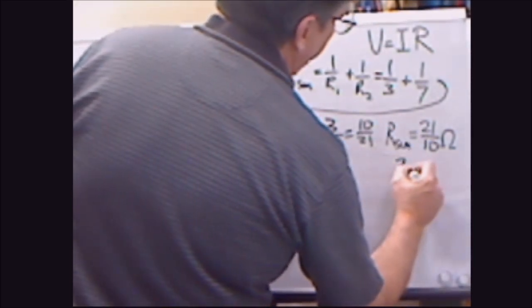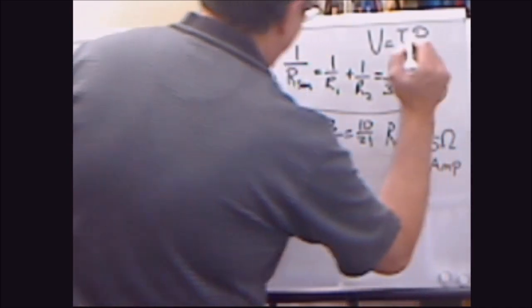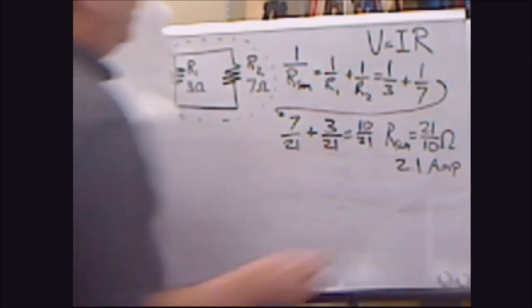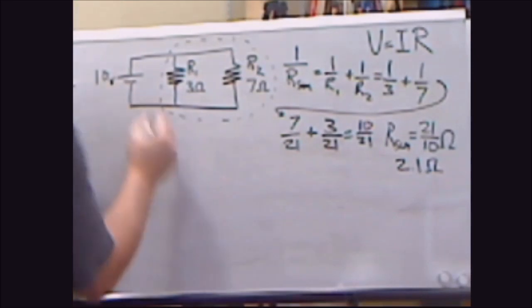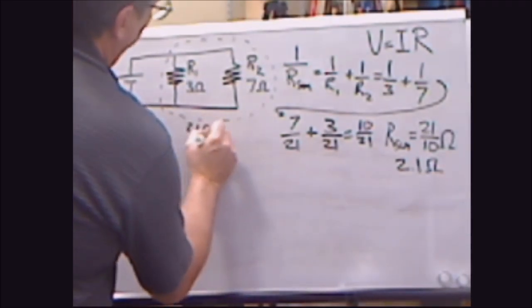So 21 over 10 is 2.1 amps. Oh, I just did it again. Holy cats. It's not amps. I must love amps. 2.1 ohms is what this whole system is offering that voltage source.